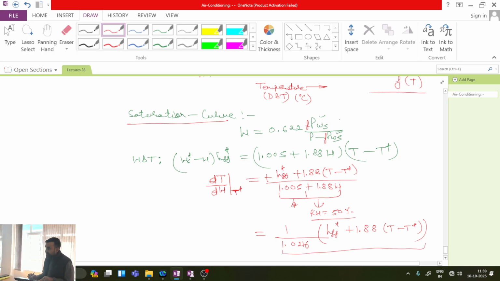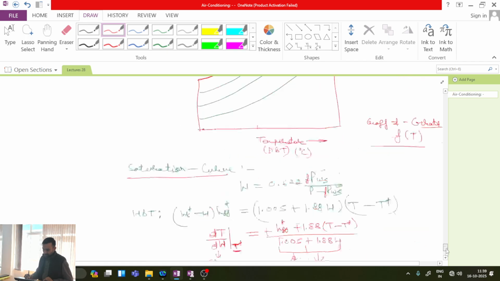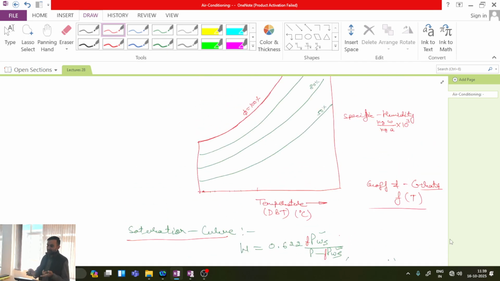Whatever is the characteristic of this equation, the same will be the characteristic of this constant wet bulb temperature line. Is this one clear? Now if you see in this equation, what is dT by dW? dT by dW is nothing but slope, because this is basically 1 by slope along this side. This is W, this is T, so it is the slope along the ordinate axis.